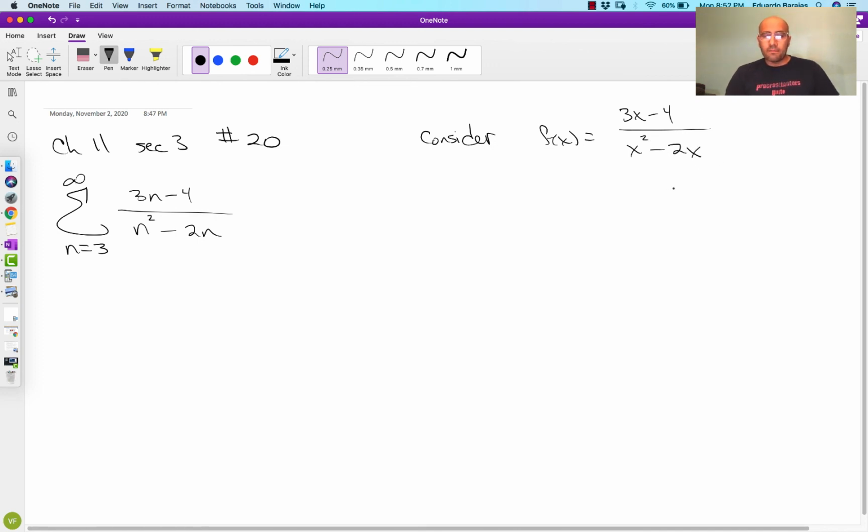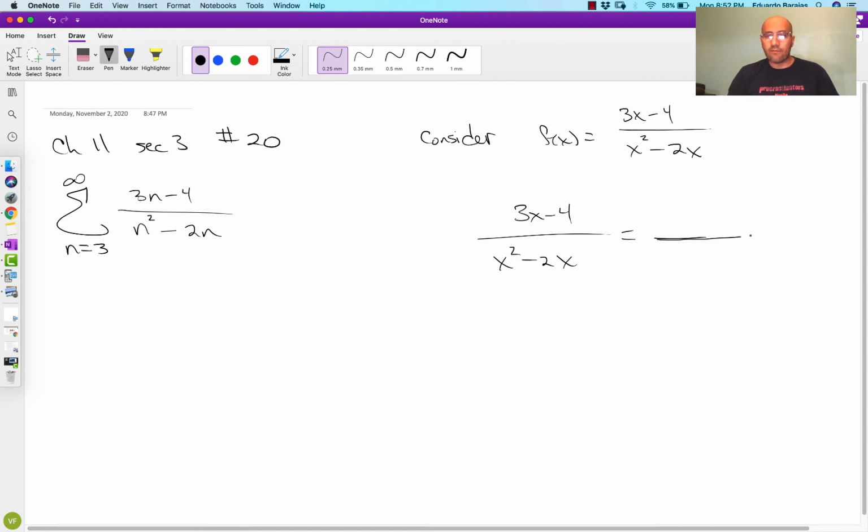Okay, why don't we try breaking this up and seeing if we can rewrite this as the sum of two separate fractions, do partial fraction decomposition on this guy, and simplify it that way. So we have 3x minus 4 over x squared minus 2x equals blank.